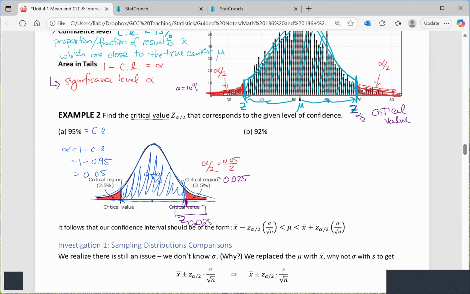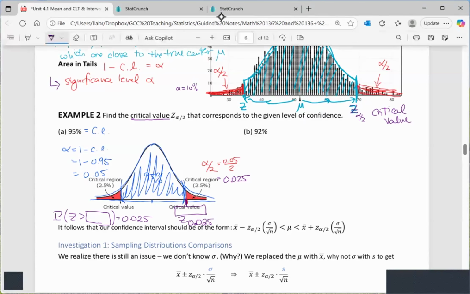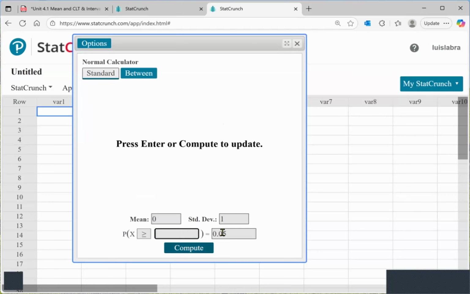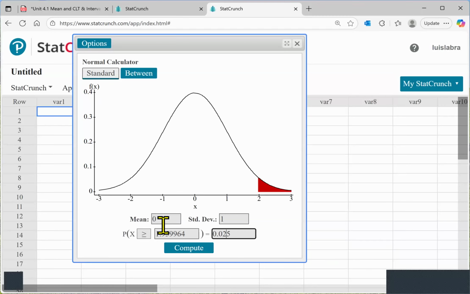So we can go ahead and use StatCrunch to find this. Now, using StatCrunch, remember that we can go ahead and write out a probability statement. So this we're going to find by the probability that my random variable Z, standard normal, lands to the right-hand side of this unknown value, has to be 0.025. So probability that we land to the right, 0.025, that's 1.96.